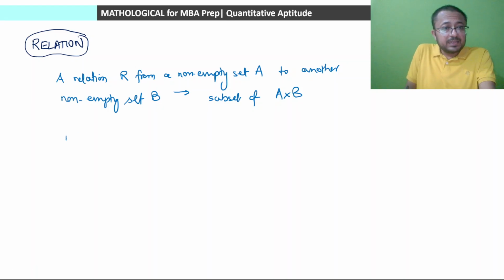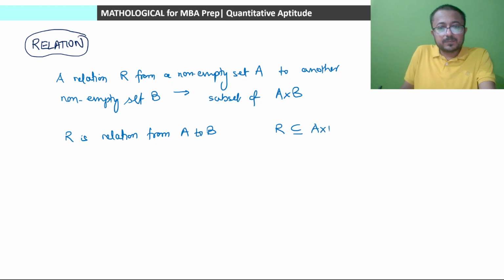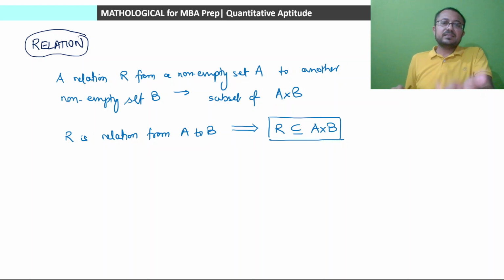So if R is a relation from A to B, in such a case, R is a subset of A cross B. The relation that we are defining with R is a subset of A cross B. Now that can be a proper subset, ठीक है, or improper subset.